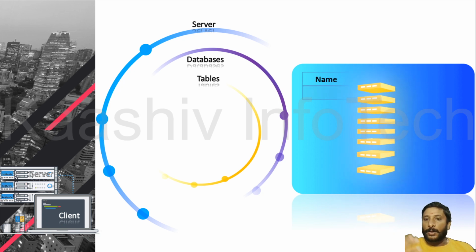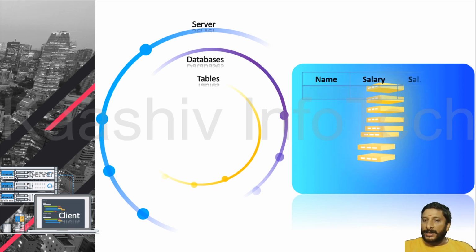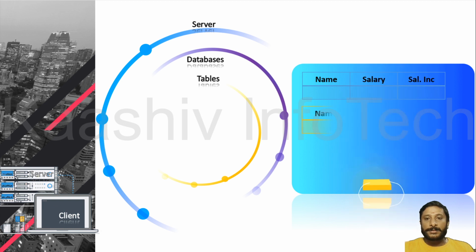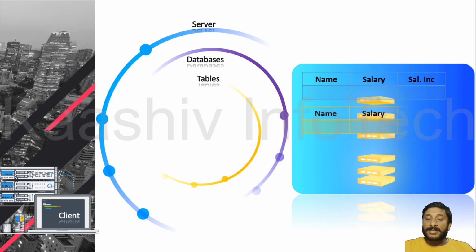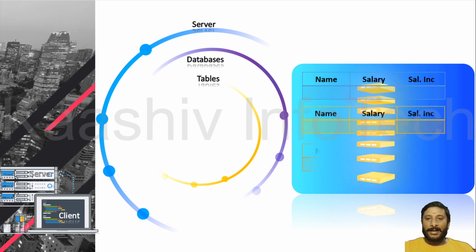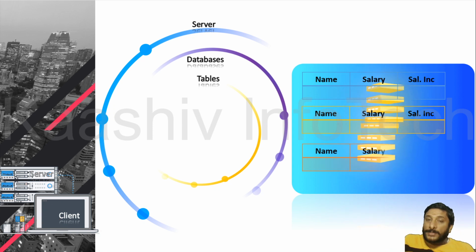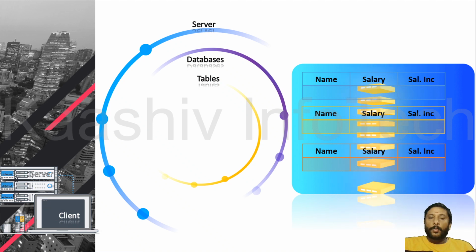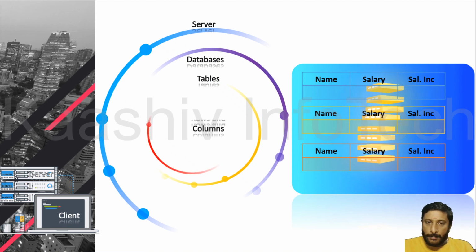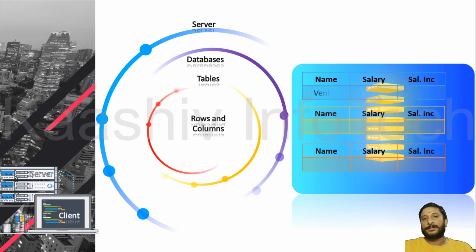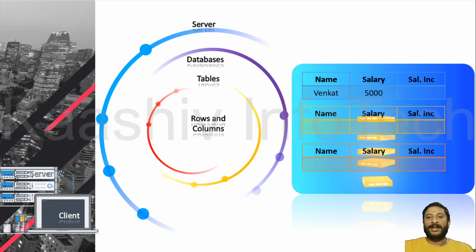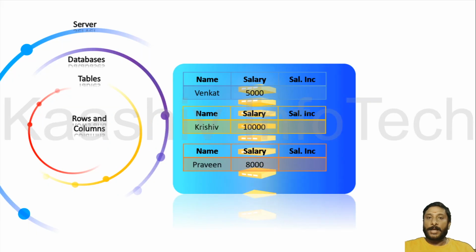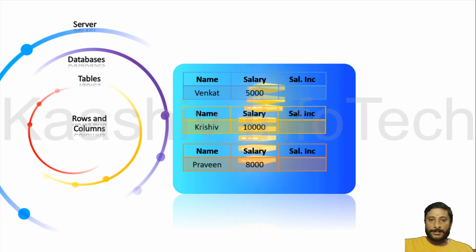Here you can see I have the server, the databases, and over there the tables. In these tables you have the data, which is in the format of rows and columns. So this is how the structure of data is. Okay, let's move on.